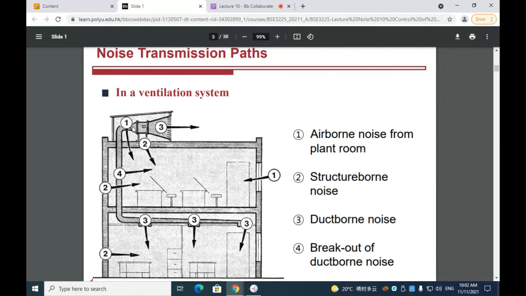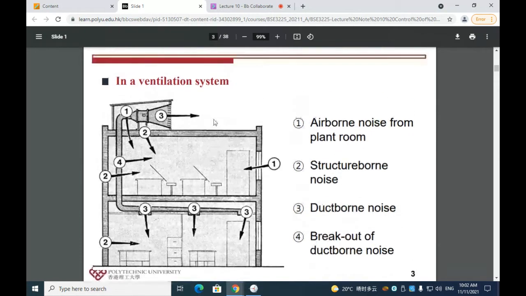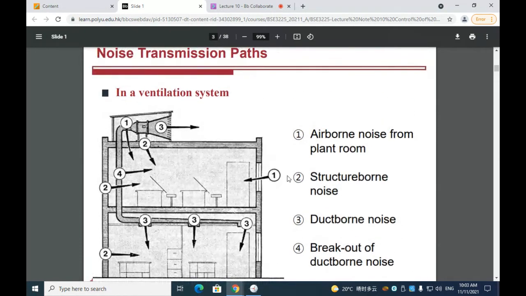In the plant room we have air handling units. It's marked here as part 1.